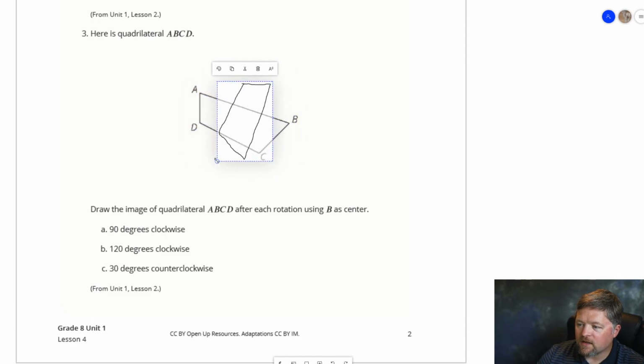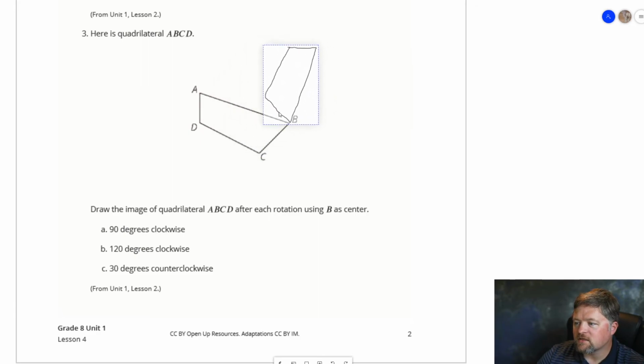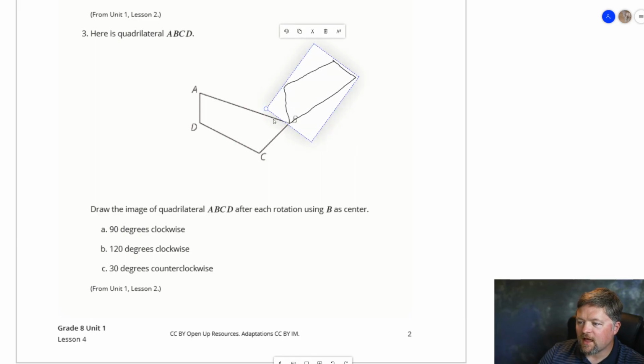Clockwise is that way. That looks like 90 degrees, and our center is B. So that's what the 90 degrees clockwise would look like. 120 clockwise is going to be an extra 30 degrees. So it's going to look about like that. So that this would be a 120 degree angle.